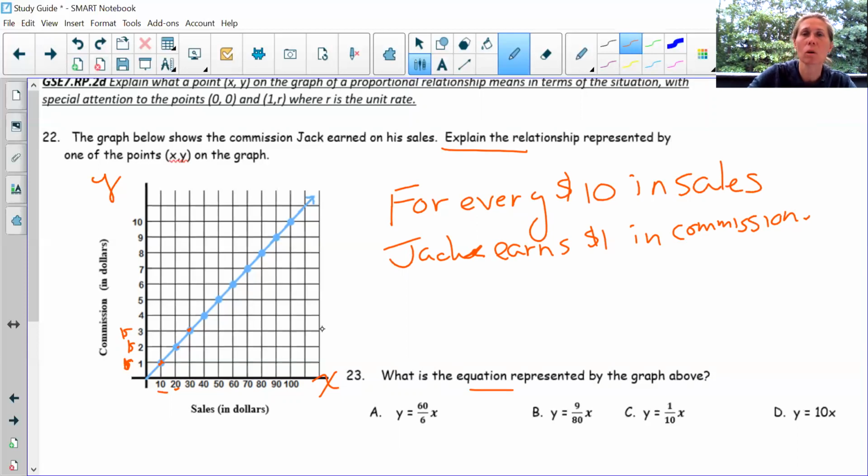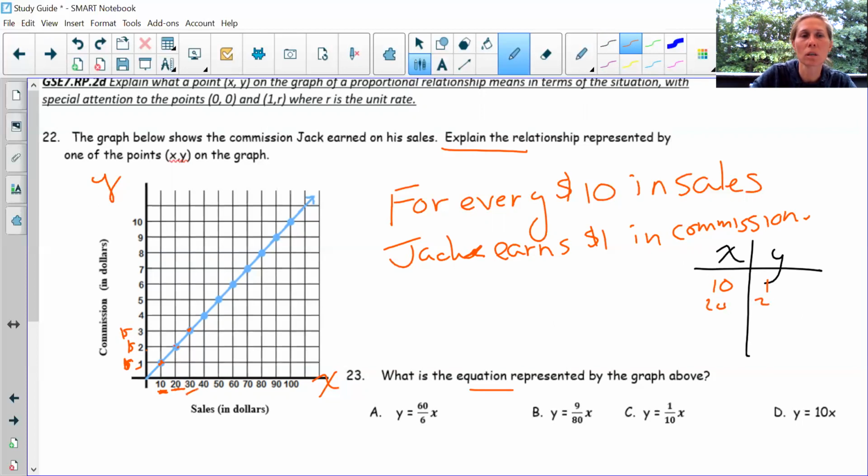What is the equation? Well, for me, I need to have my X and Y chart. I have to have my T-chart. It makes my life so much easier. So who is your X? Your first X is 10. And when it's 10, your Y is 1. Number 2, if your X is 20, your Y is 2.